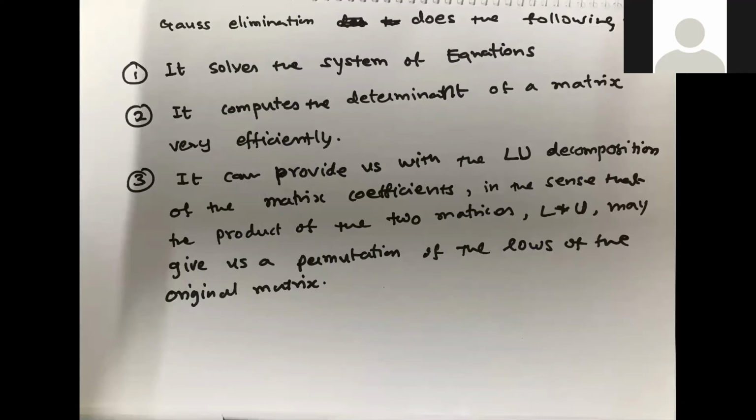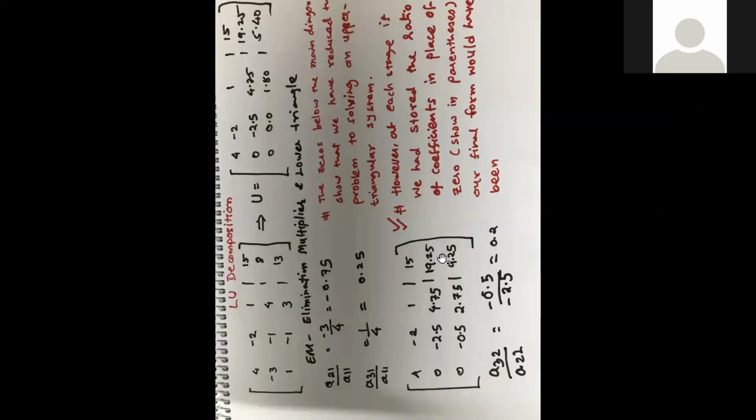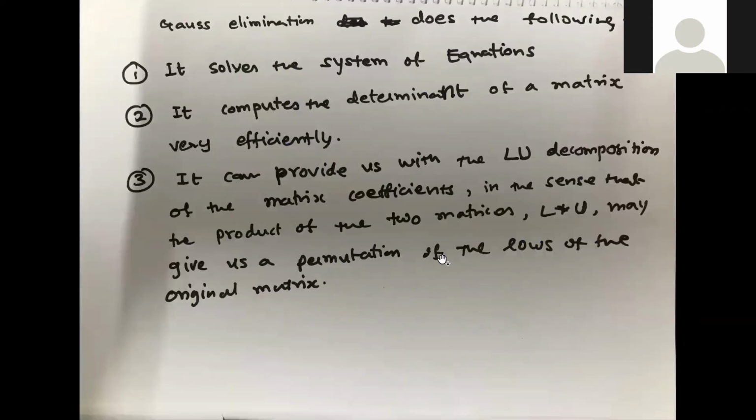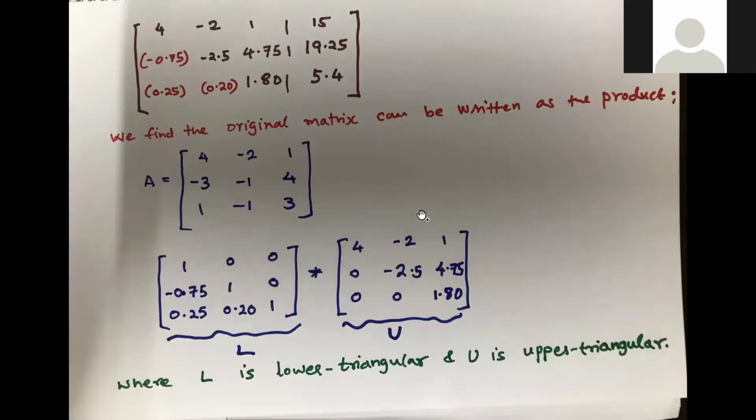So, the summary of whatever discussion we have done in these 2-3 slides: Number one, Gauss elimination solves the system of equations. Second, it computes the determinant of a matrix very efficiently. Third, it can provide us with the LU decomposition of the matrix of coefficients.